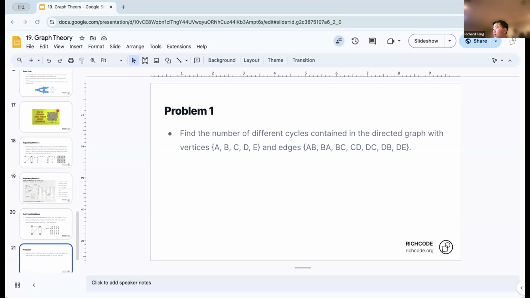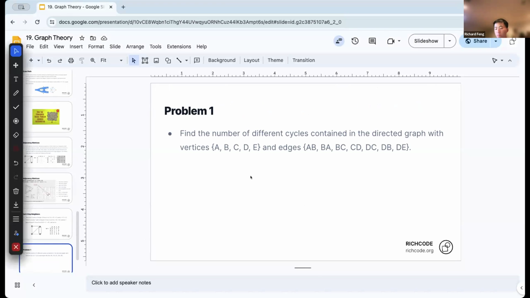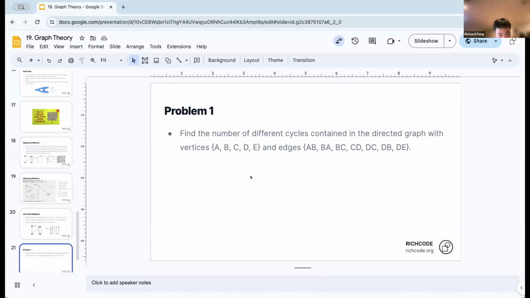So I will go over the solution. Let's first draw out what the graph looks like.